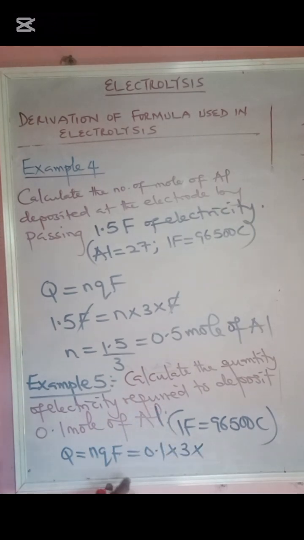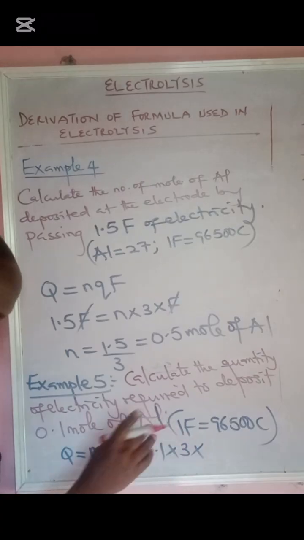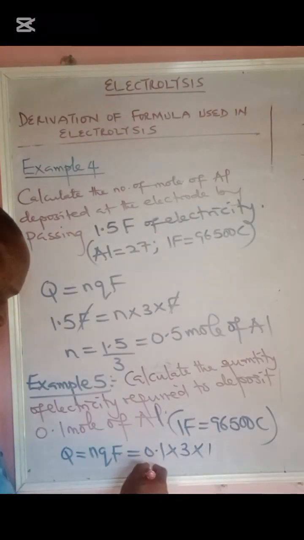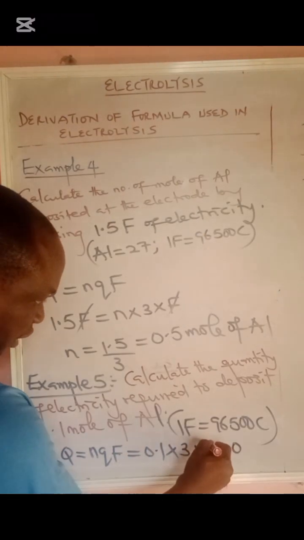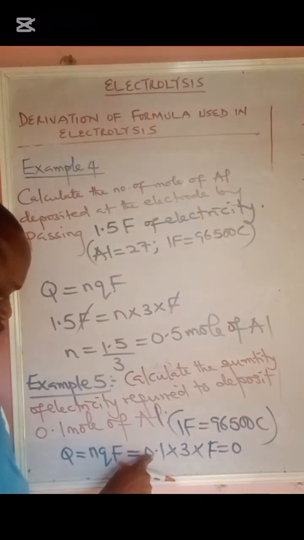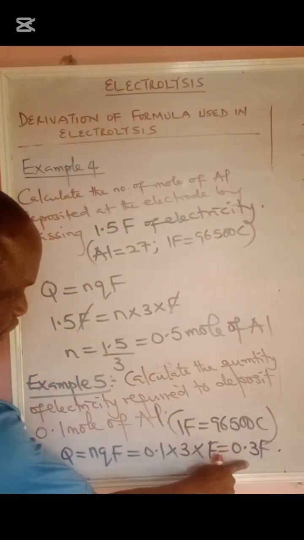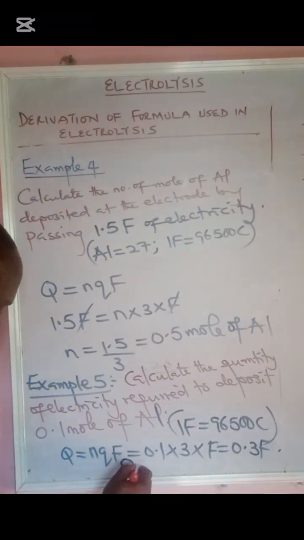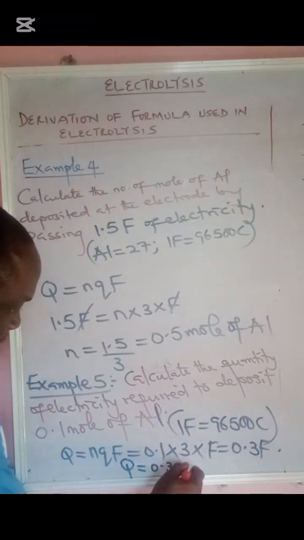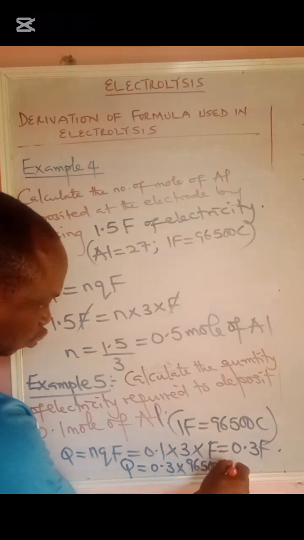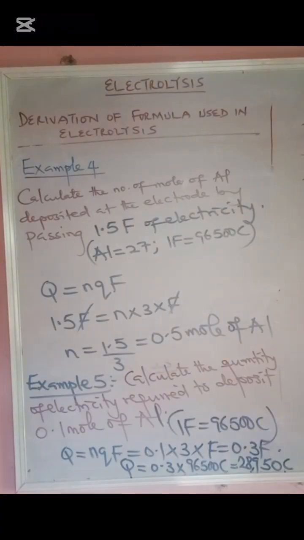If you leave it in terms of Faraday, the unit will be Faraday. So 0.1 times 3 is 0.3 Faraday. But if you have to convert it, Q is equal to 0.3 times 96500. It will now be in coulomb. That is the answer. So that is how to apply the formula.